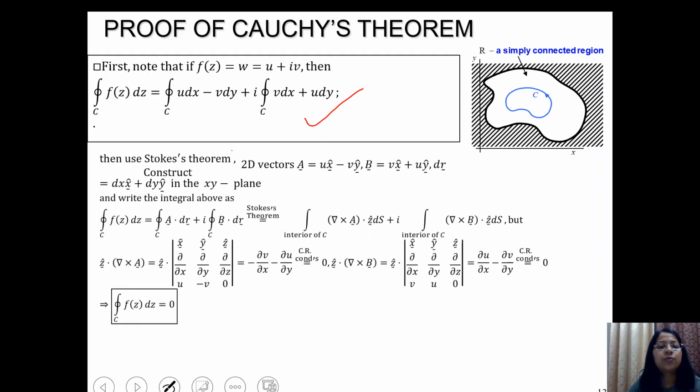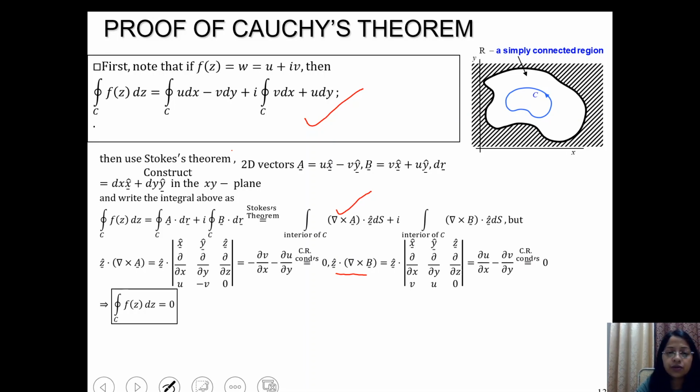We wish to prove it with the help of Stokes theorem, so we have taken two vectors A and B as ux minus vy and this. Here we have taken dz accordingly, and then using Stokes theorem we can simplify its curl, z dot del cross B, using CR conditions, where z depends on both x and y.